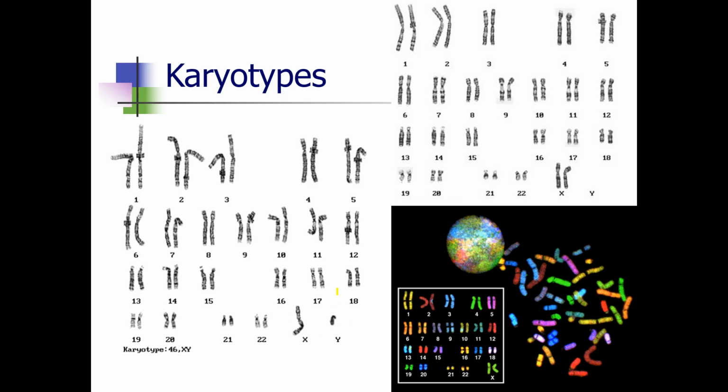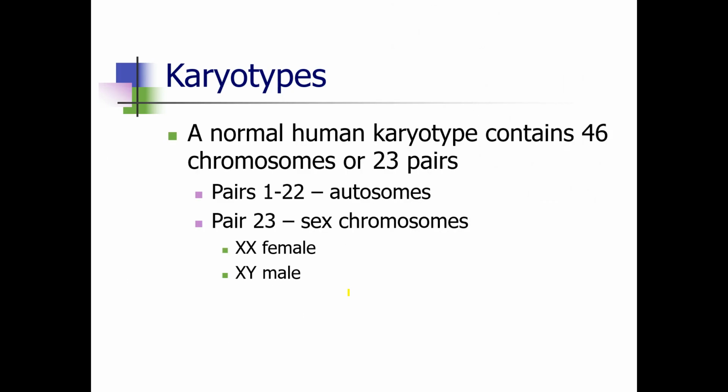In a karyotype, some important information that you will find are your autosomes, which are pairs 1 through 22. This is something that you need to understand because when we talk about inheritance, we will describe traits as either autosomal or sex-linked.